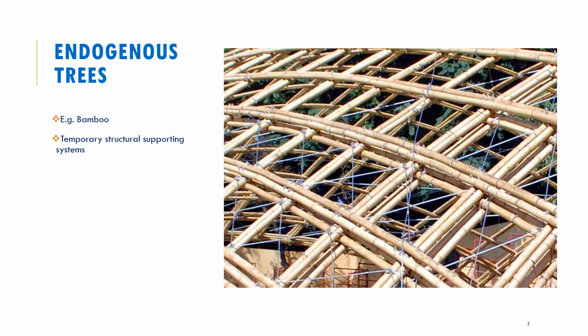And that's why you find that, for example, bamboos, they're not used as structural systems, but are used as temporary structural components. For example, scaffolding systems, and that's to make sure that the structure can actually withstand extra loading, and hence why we don't utilize endogenous trees for our permanent structures.